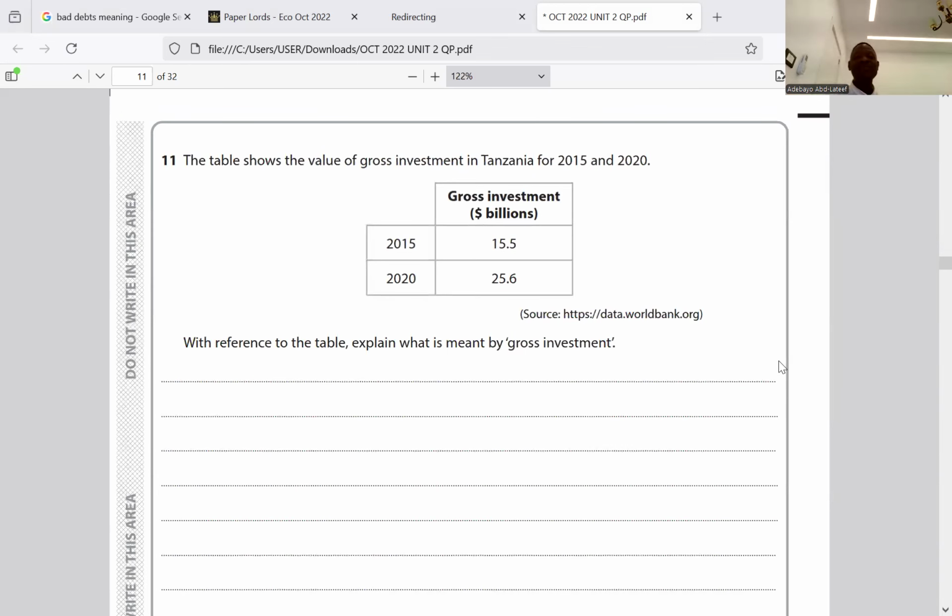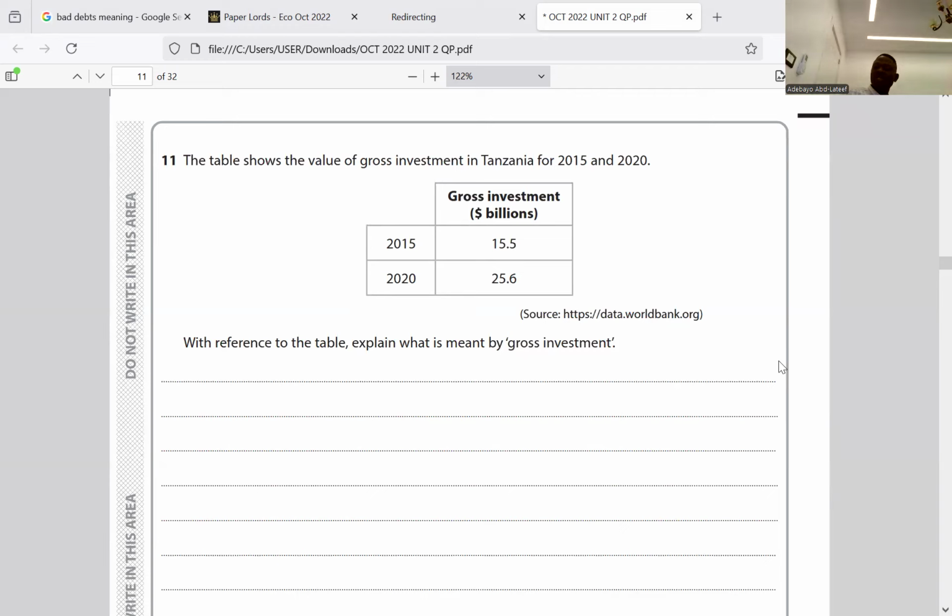What is gross investment? It's net investment plus the depreciation. What is net investment? It's the gross investment minus the depreciation of the asset value.